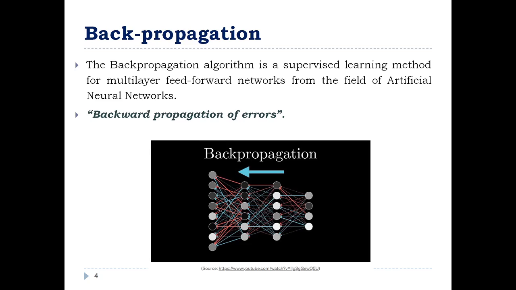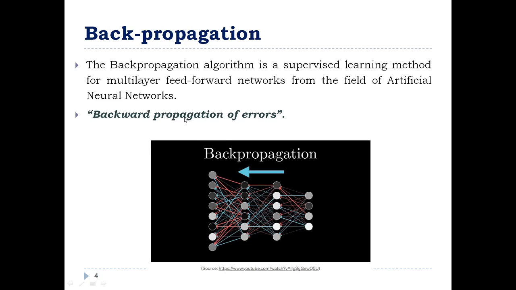It is a method of fine-tuning the weights of a neural network based on the error rate obtained in the previous iteration. Proper tuning of the weights allows you to reduce error rates and to make the model reliable by increasing its generalization. Back propagation is a short form for backward propagation of errors.